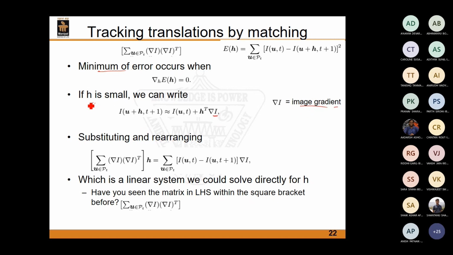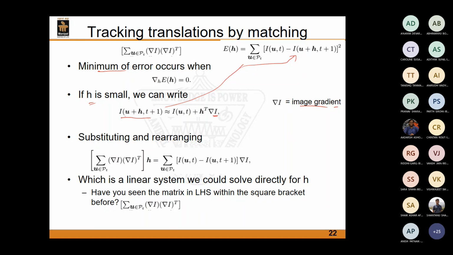If the value of h is small, we can simplify the equation and write I(u plus h, t+1) equal to I(u, t) plus h transpose delta I. Now that we have this equation for I(u plus h, t+1), we can substitute it into the error equation over here, and then try to simplify.